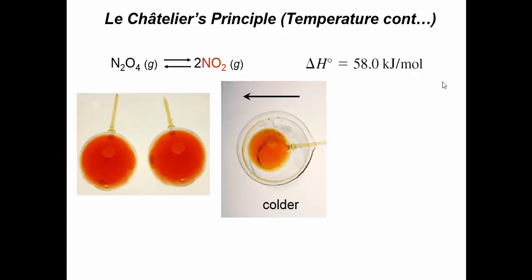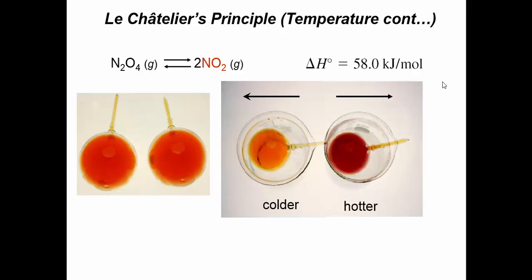Now, if we make the system colder, it turns lighter because N2O4 is clear and NO2 is red. So when you make it colder, the reaction shifts to the left and it will become lighter. If you make things hotter, then you're going to drive the reaction to the right.